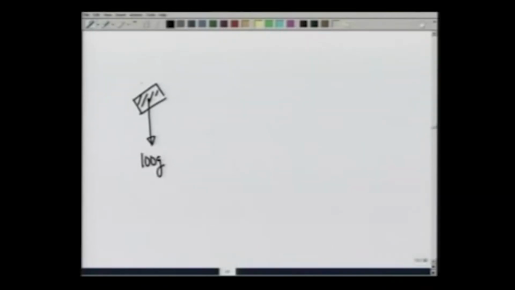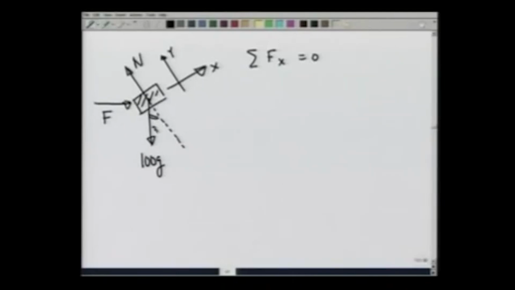Let me make the angles, this is 30 degrees and so is this.